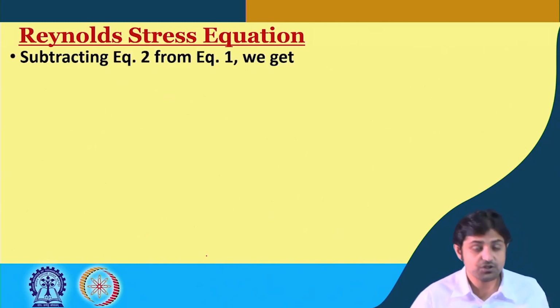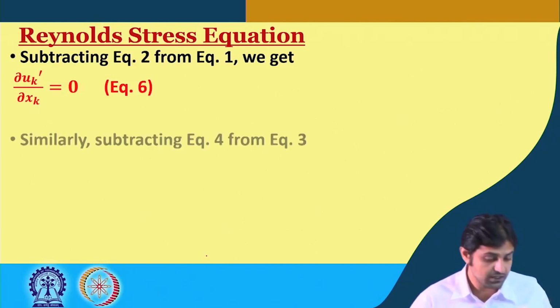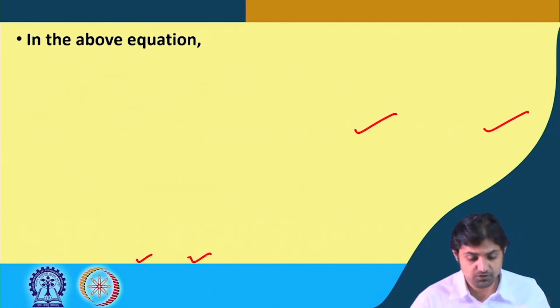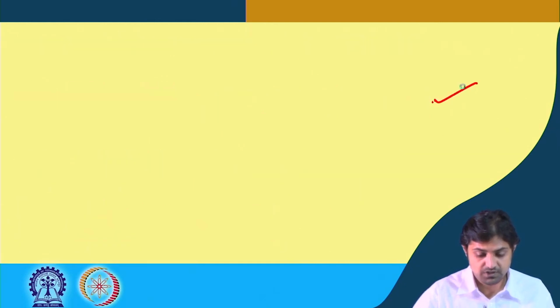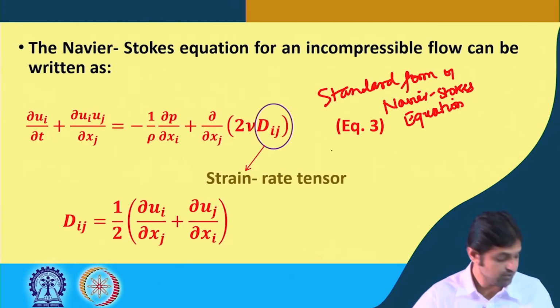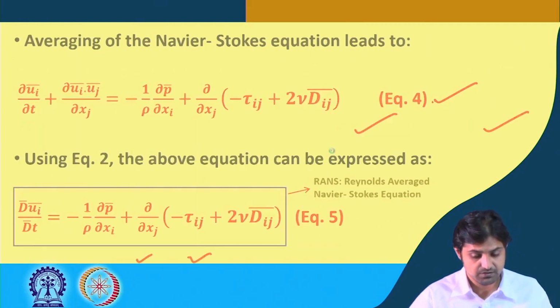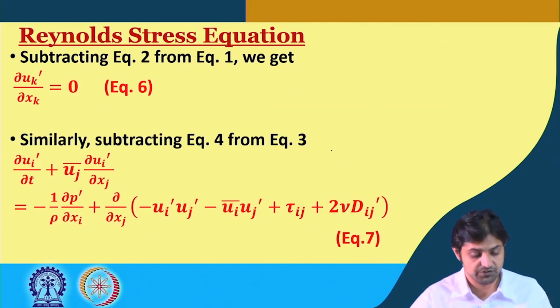If we subtract equation 2, the second equation, from equation 1, we can get del uk prime divided by del xk is equal to 0. Similarly, if we subtract equation 4 from equation 3, you see equation number 4, this one is 4 and this one is 3. All right. So what we are doing is we are subtracting the average equation from the general equation in both the cases.